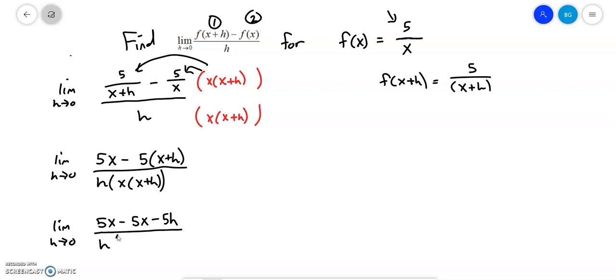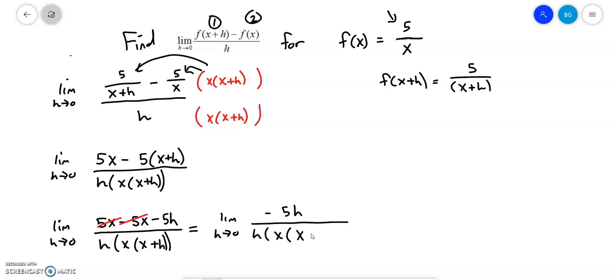That's going to be over h, x plus h. Notice that my 5x's cancel, so that's nice, I suppose. And so now I get the limit as h goes towards 0 of negative 5h over h, x plus h.